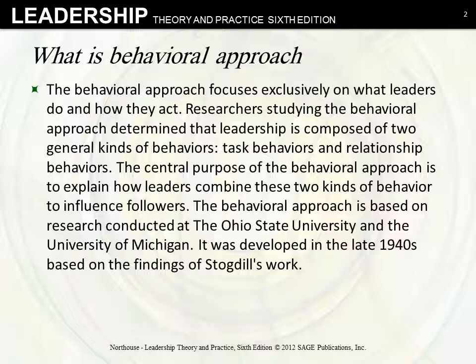The behavior approach is based on the research conducted at Ohio State University and the University of Michigan. It was developed in the late 1940s based on the findings of Stogdill's work.